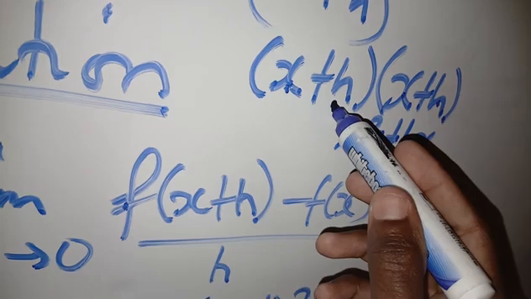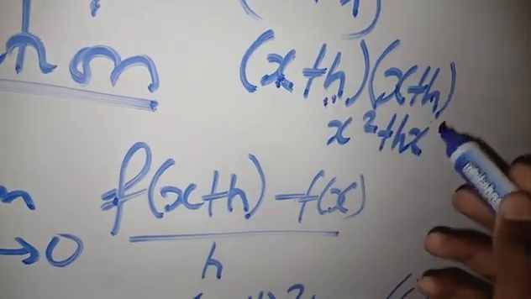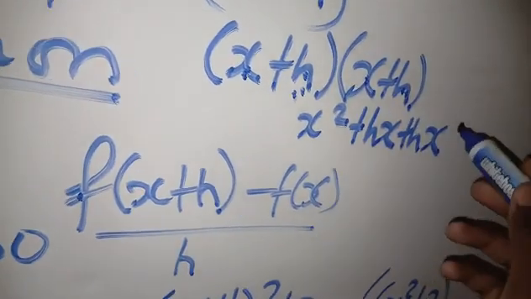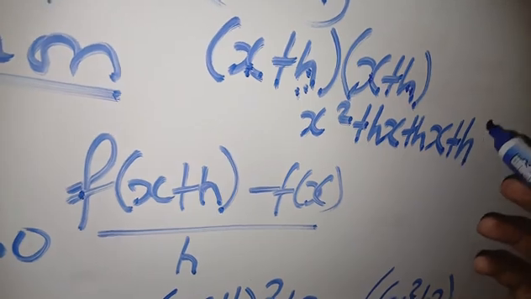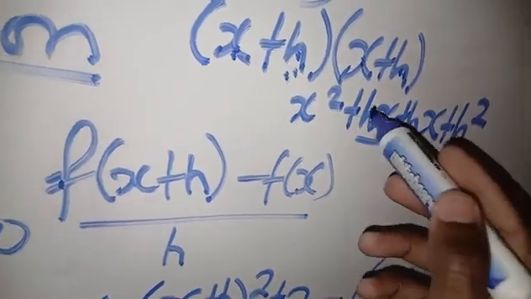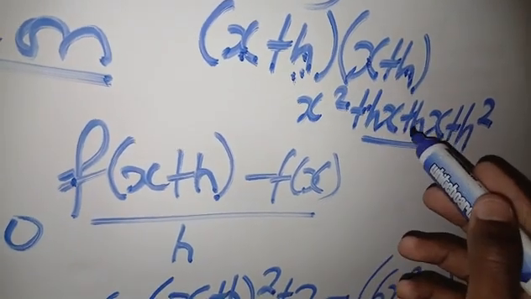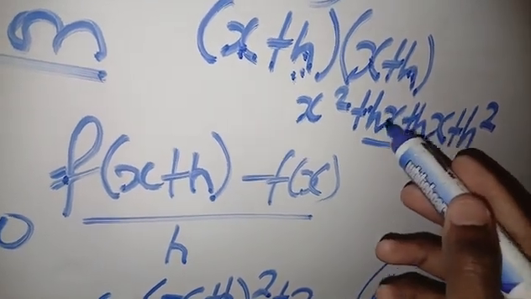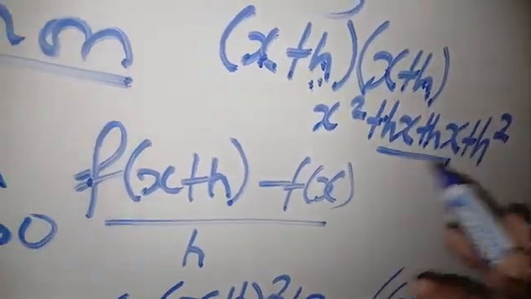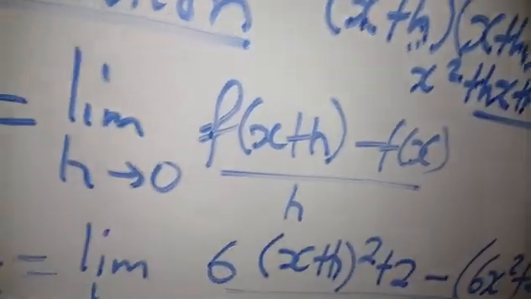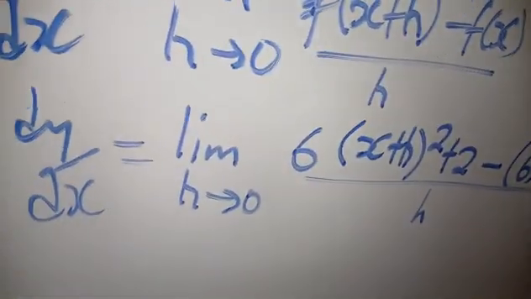You come to this one, h multiplied by x, you get hx. H multiplied by h, you get h squared. Now these two are like terms, meaning the coefficient here is 1 and here the coefficient is 1. So it will be 1 plus 1 giving us 2hx. So the expansion of this (x plus h) squared will be, let me write from here.